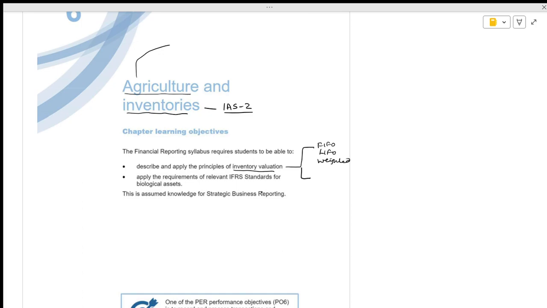Whereas from the accounting perspective, we take into consideration the lower of cost or net realizable value. This is IAS 2, which is specific to financial accounting.